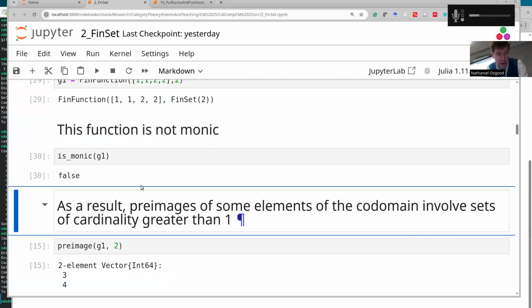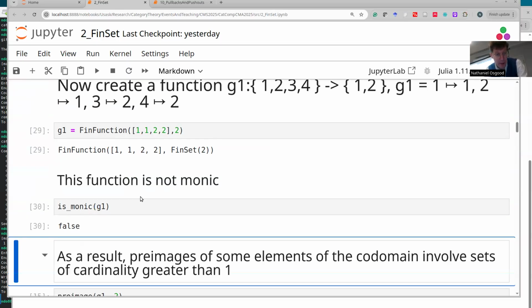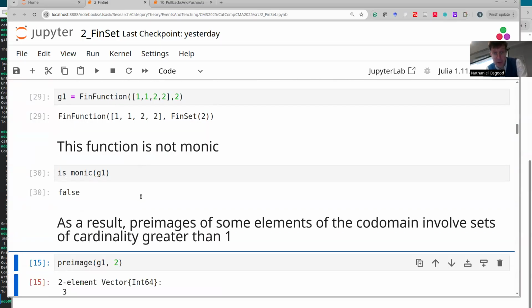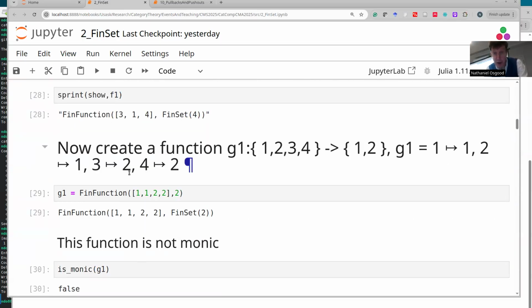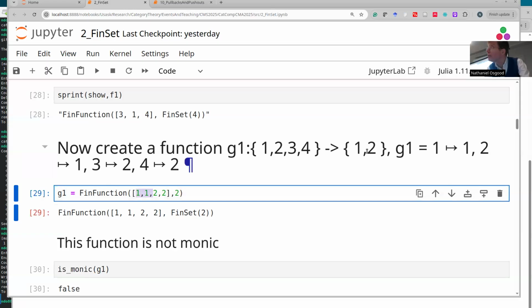Okay, so we're going to define a function from 1, 2, 3, 4 to 1, 2 here, which is basically mapping from FinSet 4 to FinSet 2. I'm going to ask if it's monic, and the answer is it's not. It's not monomorphic. It's not injective, in other words, because there are, for example, 2 elements here, namely 1 and 2, which map to 1 in the target, right?